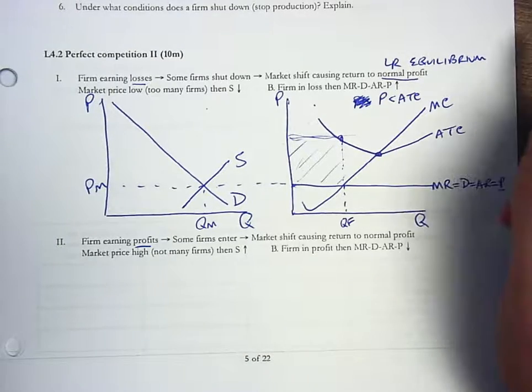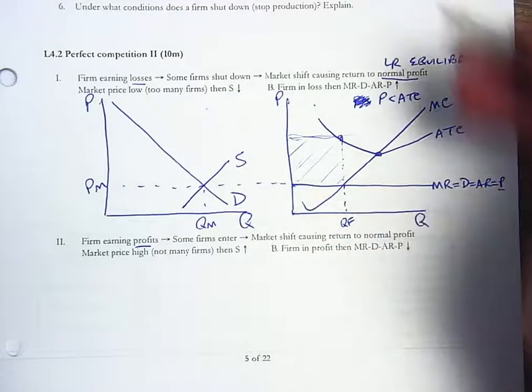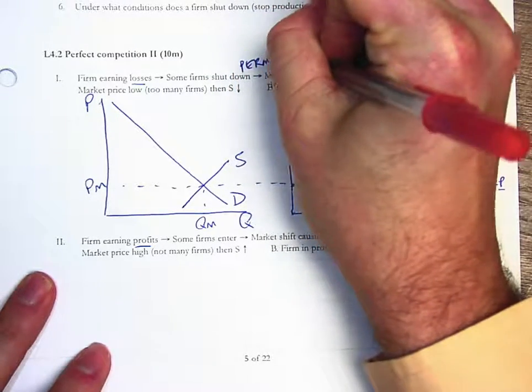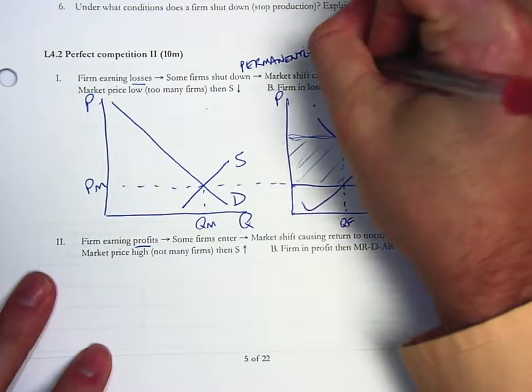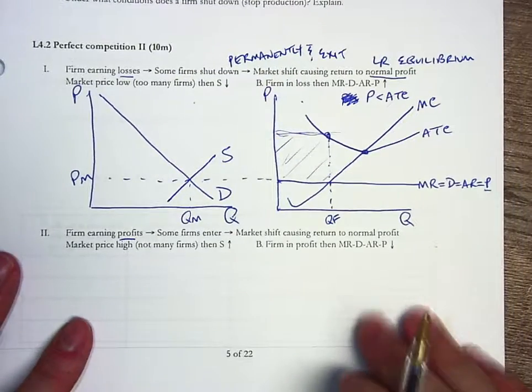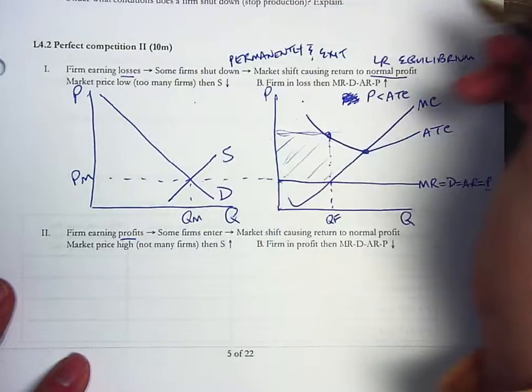But in this one, what we're going to find is that some firms will shut down permanently and exit the market. When that happens, the supply will decrease.